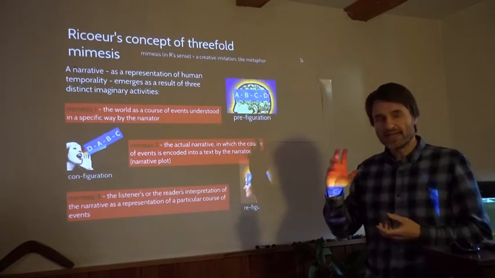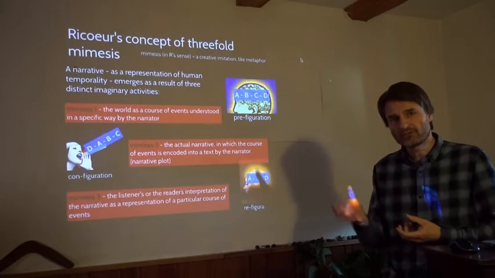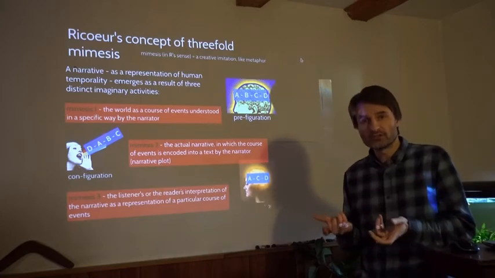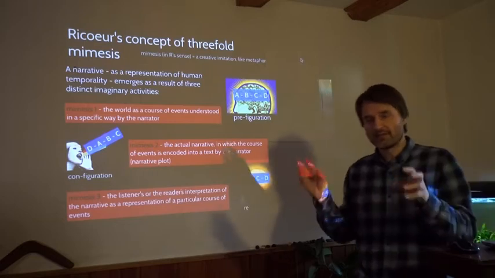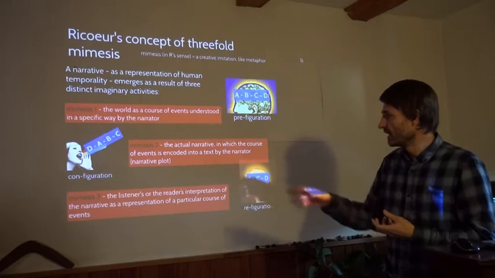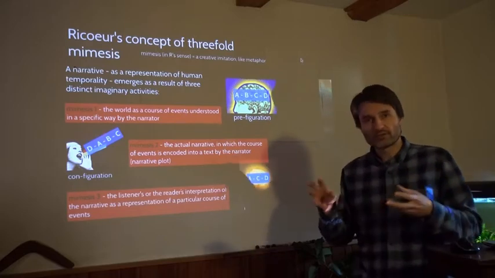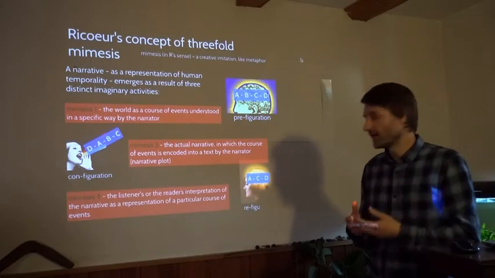Next, we must be able to creatively transform the sequence of events into a plot. So to select some events, some aspects of events, and to combine them into the plot. And for example, chronologically reorder it, begin with the end, and so on.